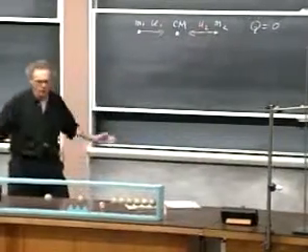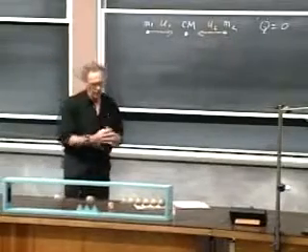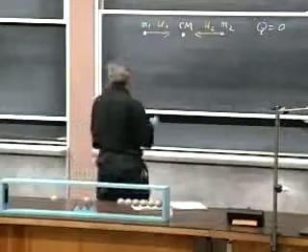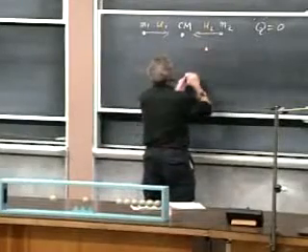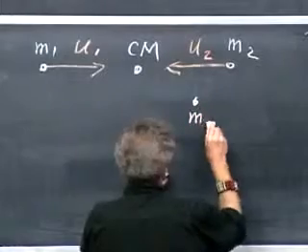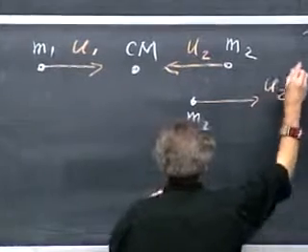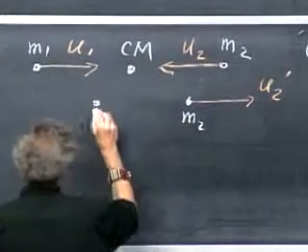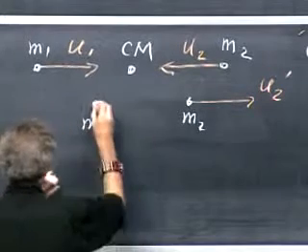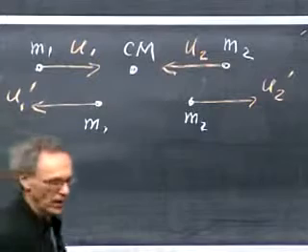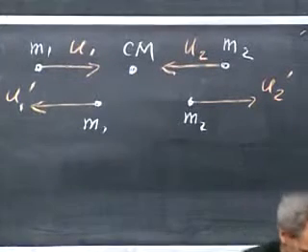Momentum is not only conserved, but it is also zero at all moments in time, before and after the collision. After the collision, let's say m2 goes back with velocity u2 prime, and let's say m1 has a velocity u1 prime. That's the situation after the collision.